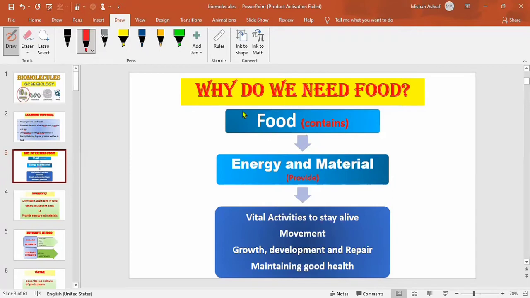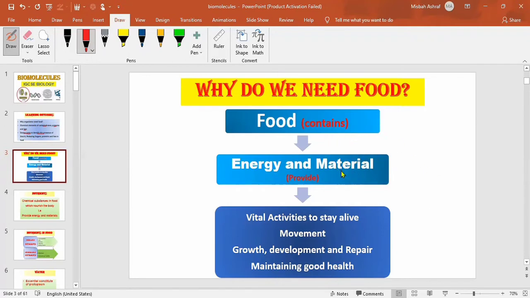Then this food also provides us with materials or nutrients which are important for maintaining good health, which might be part of enzymatic reactions. Some reactions are carried out by enzymes, but along with those enzymes, some other materials are also needed.